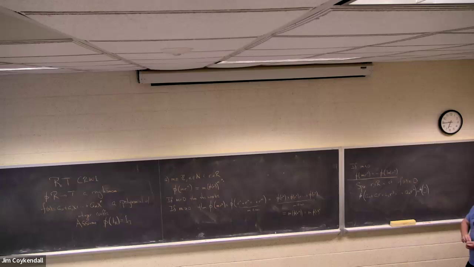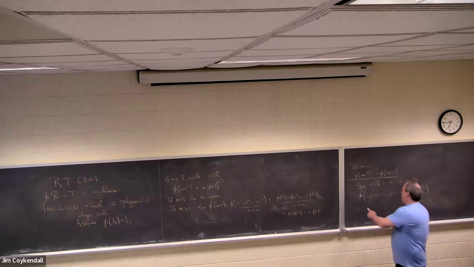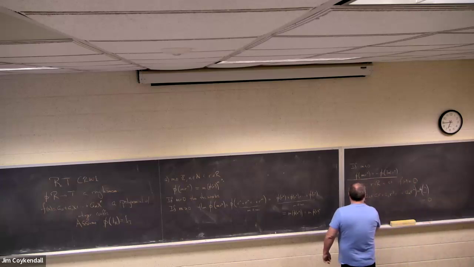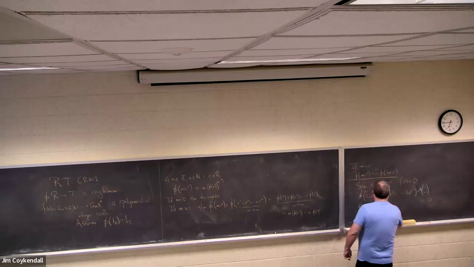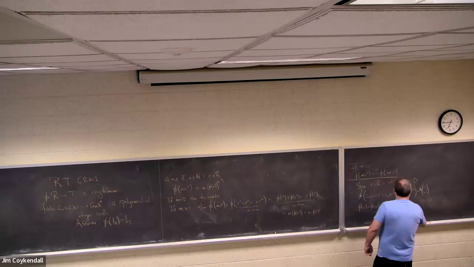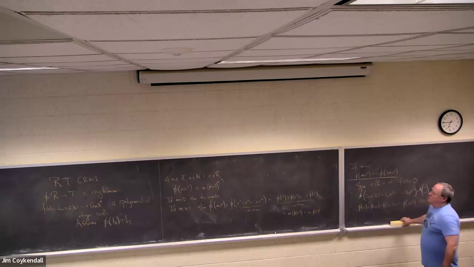Right? And I don't know much, but I know that phi of 0 is 0. And this is phi of a0 plus phi of a1 r plus phi of a2 r squared plus phi of an r to the n, which equals 0.